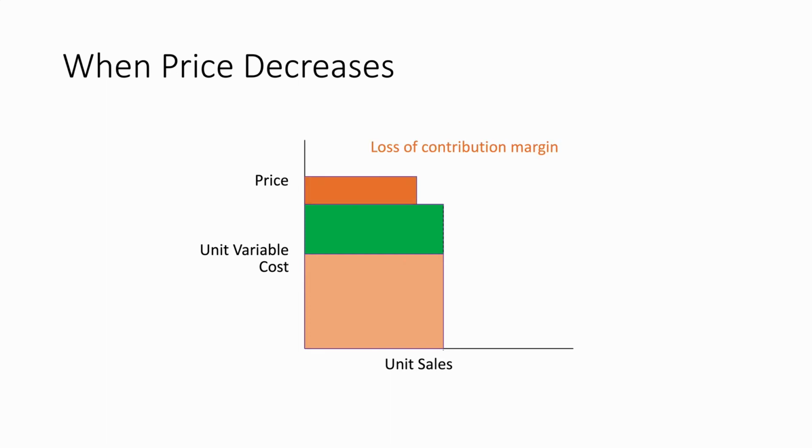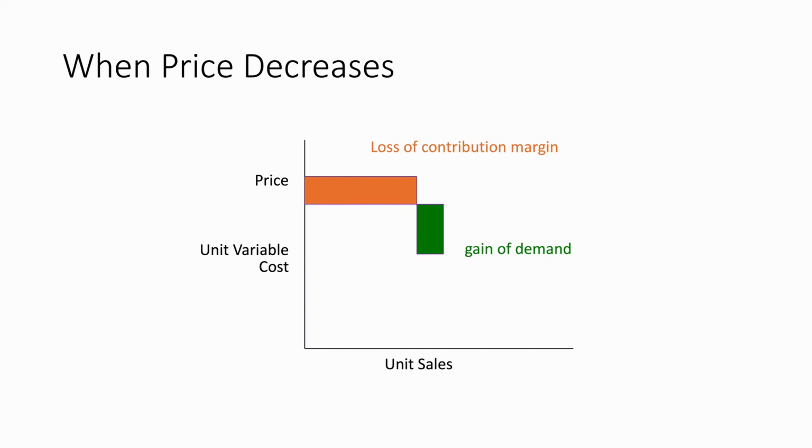There are two changes. One is the loss of contribution margin. When we drop the price, our bar is lower, so we are losing this orange segment. But on the other hand, because of the sales or demand increase, we gain a block in profitability because of demand.